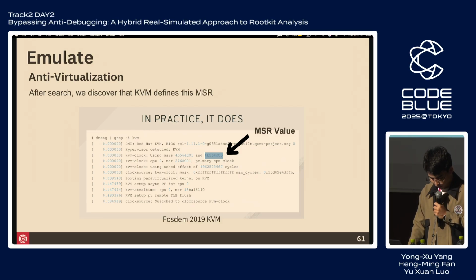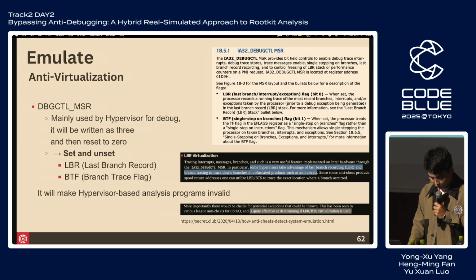The anti-cheat also accesses multiple existing MSRs, such as writing 3 to the DBGCTL MSR and resetting it to 0. That's while flushing last branch records and the branch trace flag to disrupt hypervisor-based analysis.